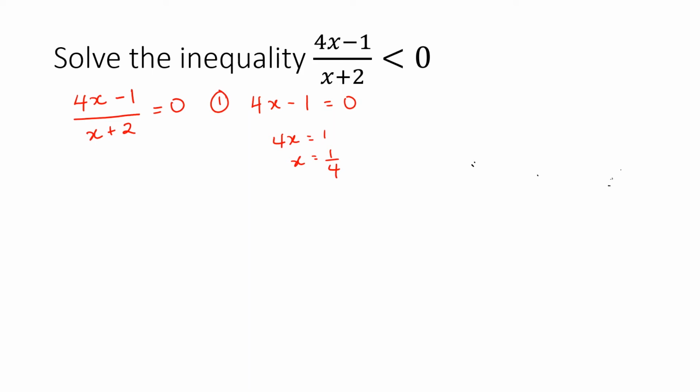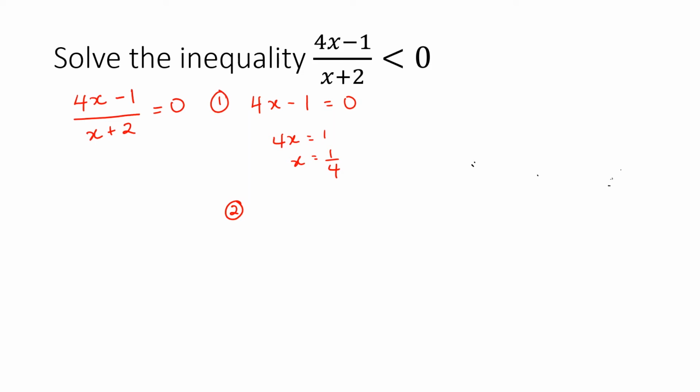Another fact that we know is that the denominator can never be equal to 0, because if we divide by 0, we get an undefined fraction. So in this fraction, we know that the denominator cannot be 0.